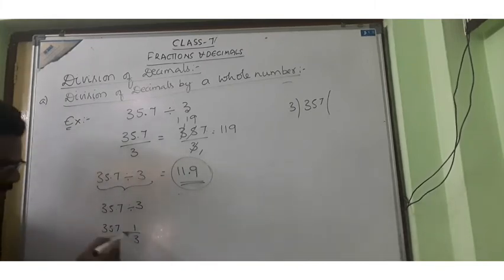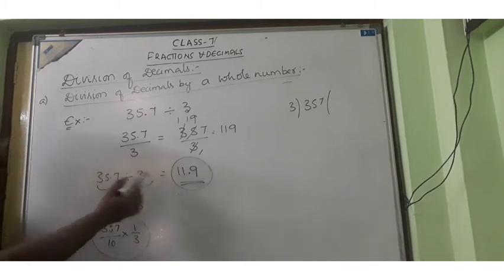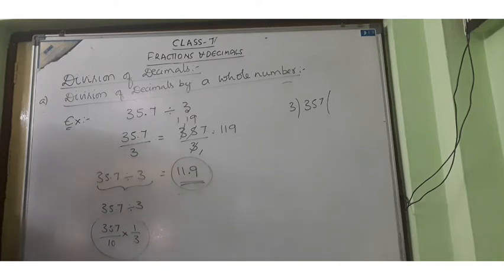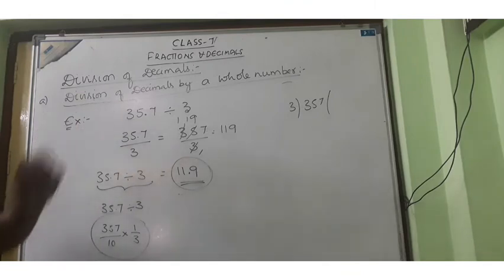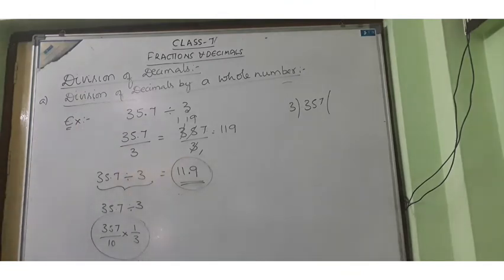This is for your understanding. This method is only for your understanding. Always no need to do it like this. Directly we can do the sum like this. Understand? Okay. So this is the second one, division of decimals by a whole number. Okay, please pause the video and note down this example in your classwork.